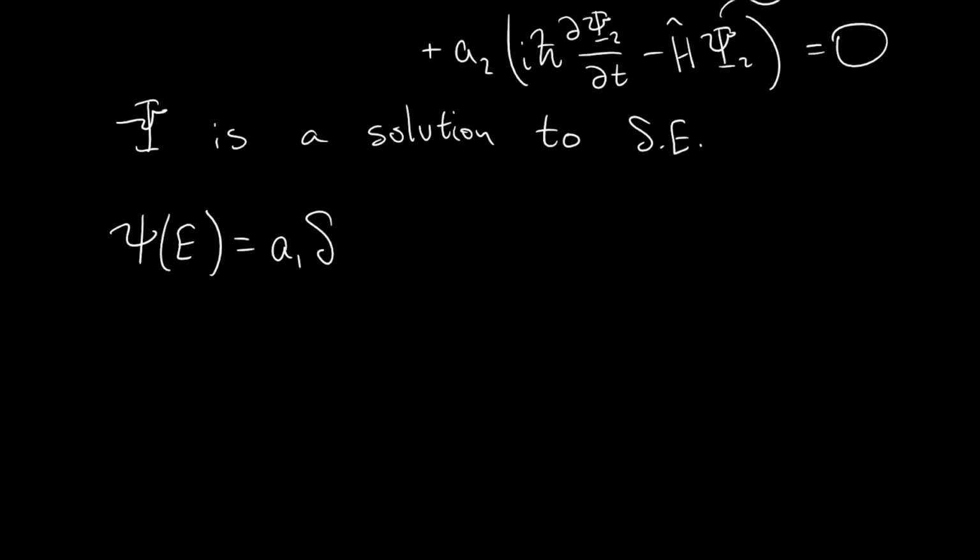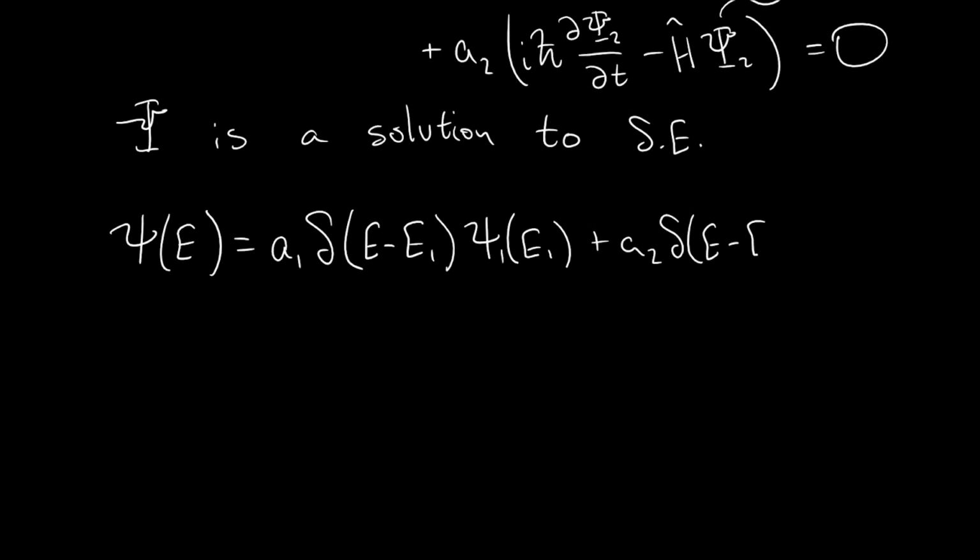So hopefully it makes sense how we arrived here, but we can just write this in terms of delta functions. A1 delta of E minus E1 psi 1 of E1, plus A2 delta of E minus E2 psi 2 of E2.